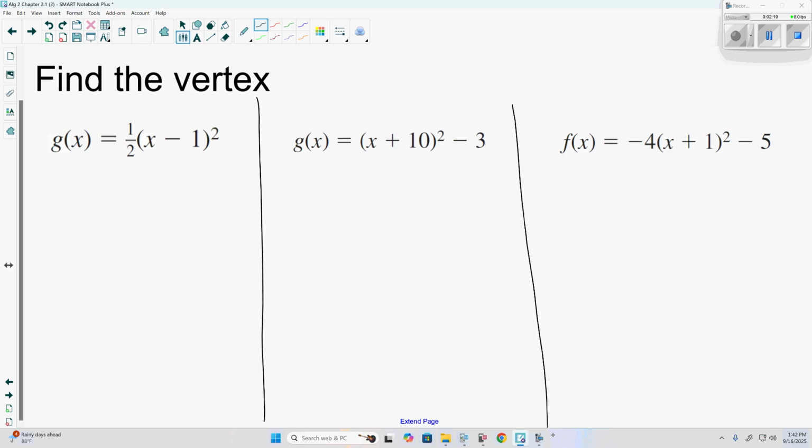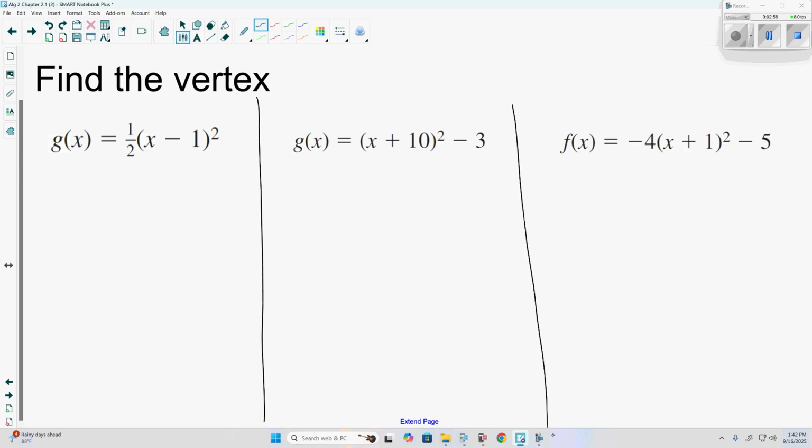We need to add all of those spaces into the box. Yep, that little space right there. G of x. You know how much I hate g of x? My g of x is pretty cool.